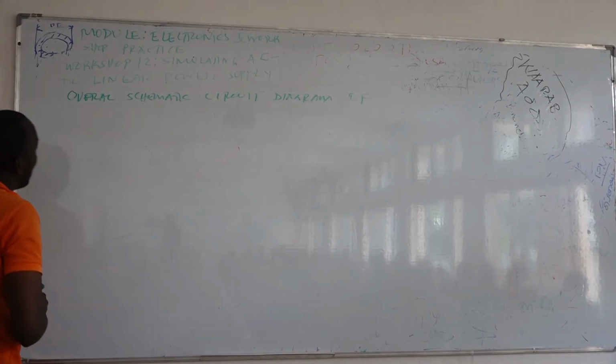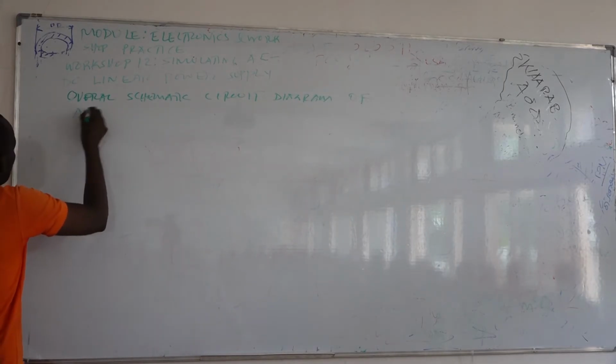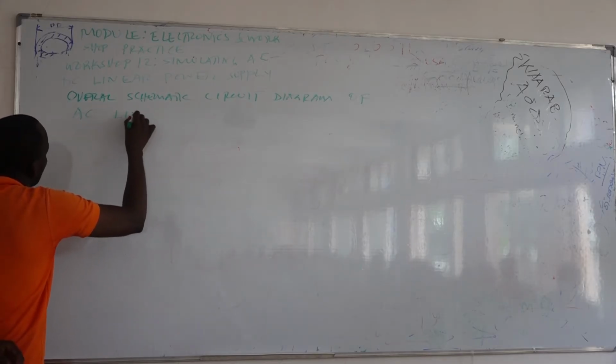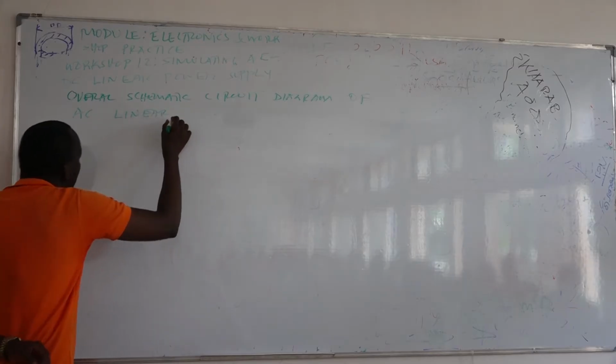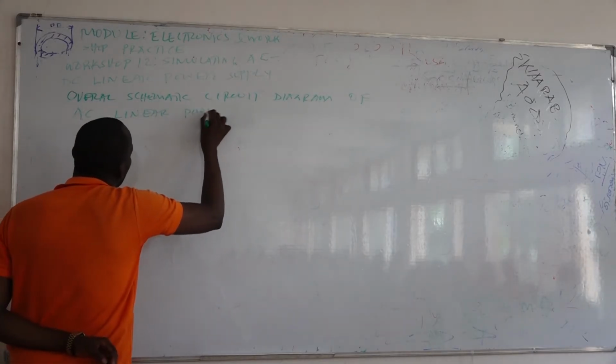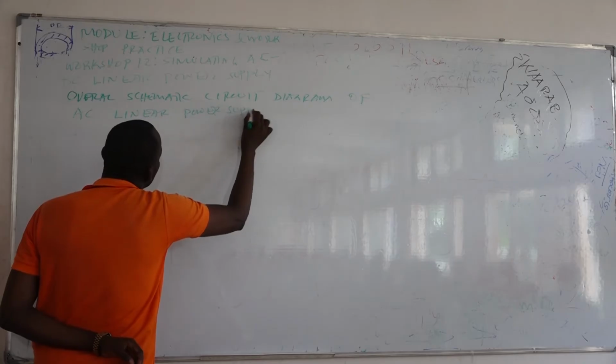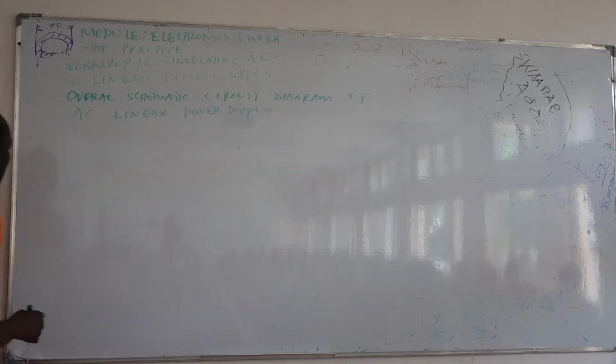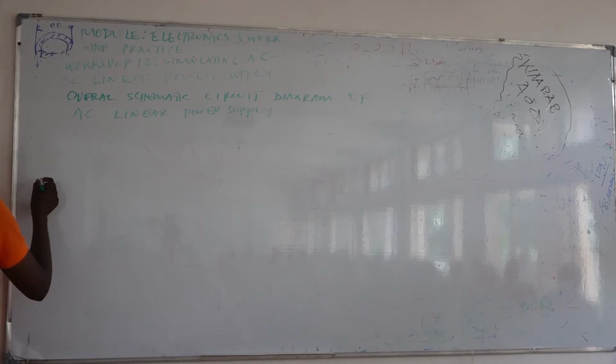We have AC power and DC power. Of AC power, the linear power supply. So in the overall schematic circuit diagram, we say that here we need an AC source.